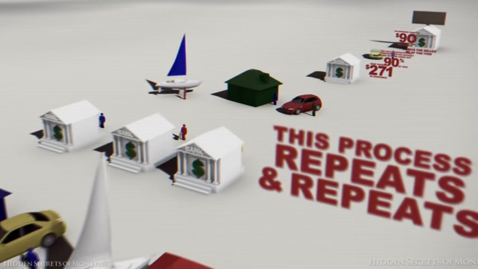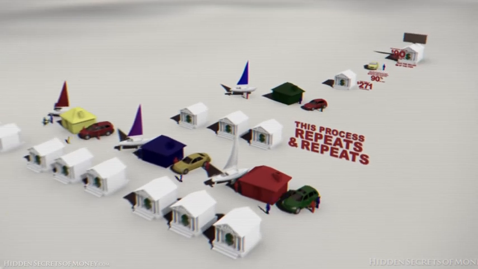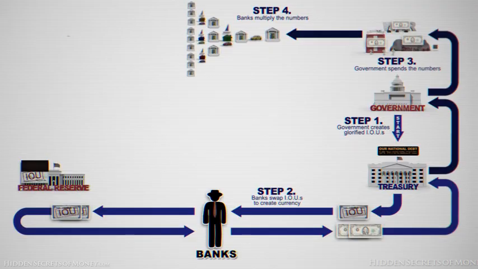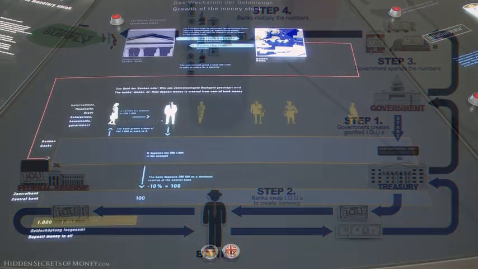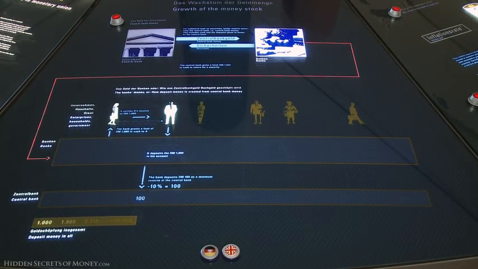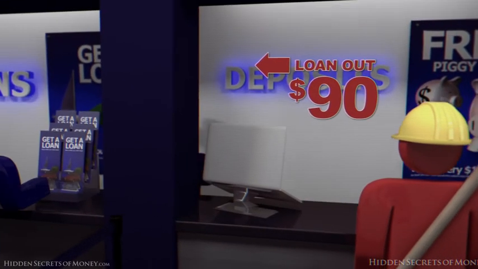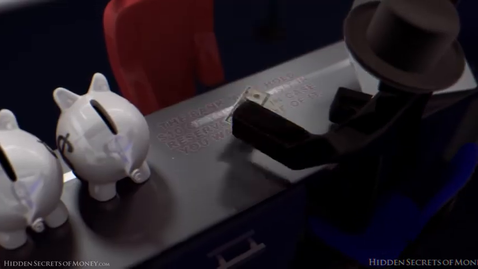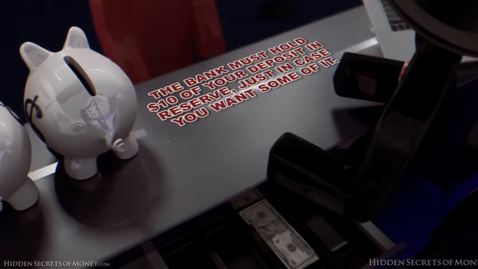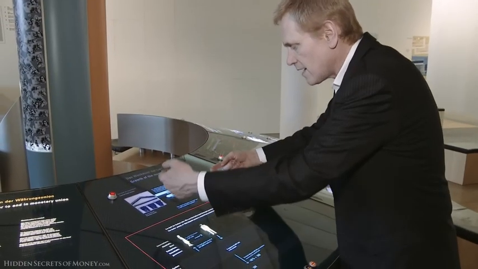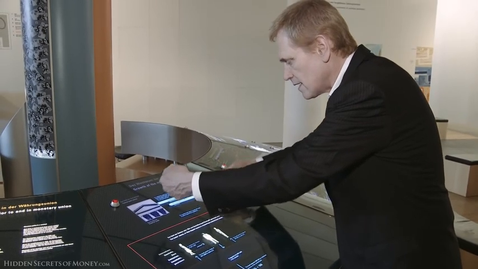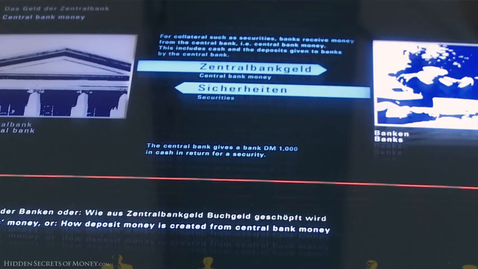So we learned in episode 4 that modern currency creation is a complete scam, but a whole lot of people had trouble believing that it could be true. The European Central Bank has this awesome display that shows you exactly how it's done, and it's basically the same as our episode 4. So here's a quick recap thanks to the ECB. Basically, the central bank and the Treasury swap IOUs.